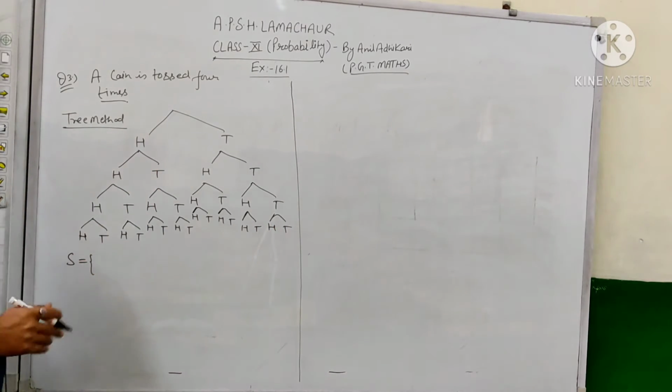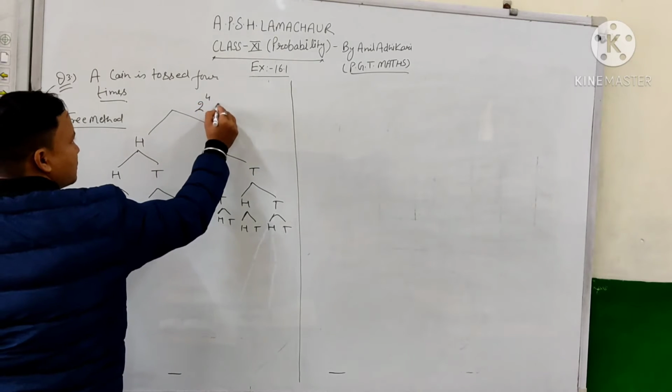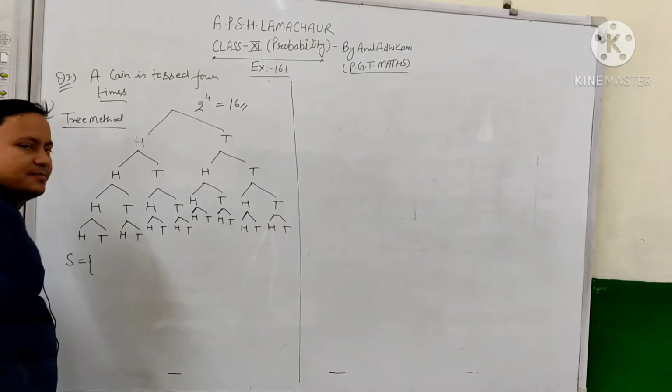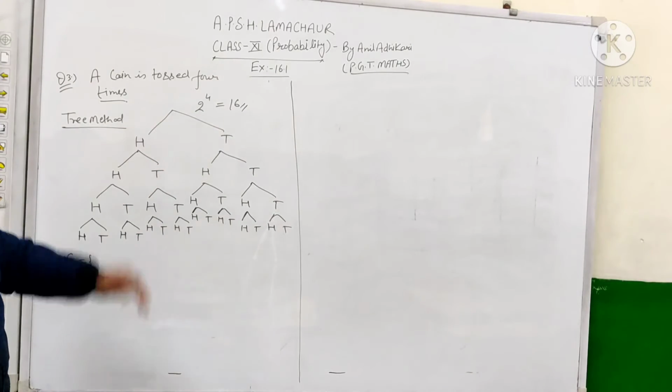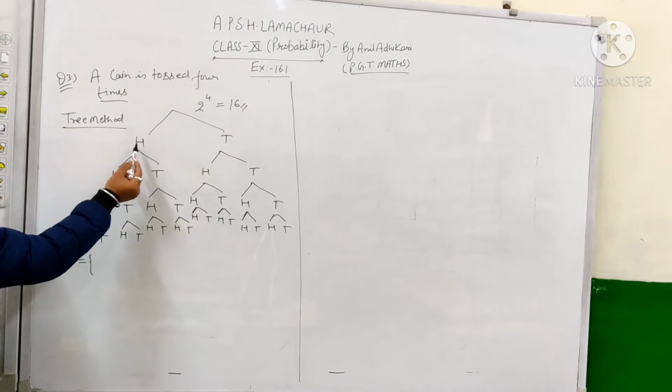If we are tossing a coin 4 times, then the total number of sample points will be 2 raised to the power 4, that is 16 outcomes will be there. So starting from the very first, you can see easily HHHH.